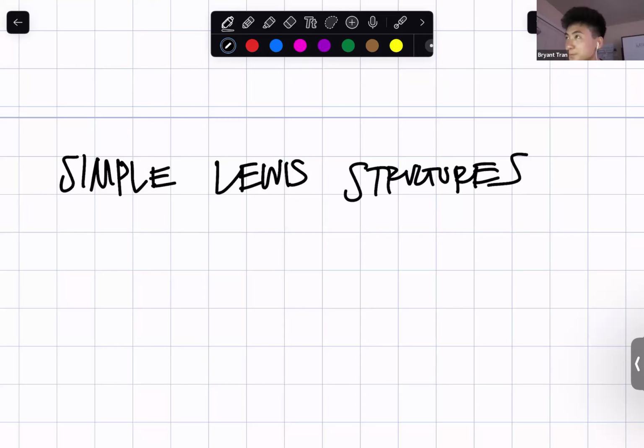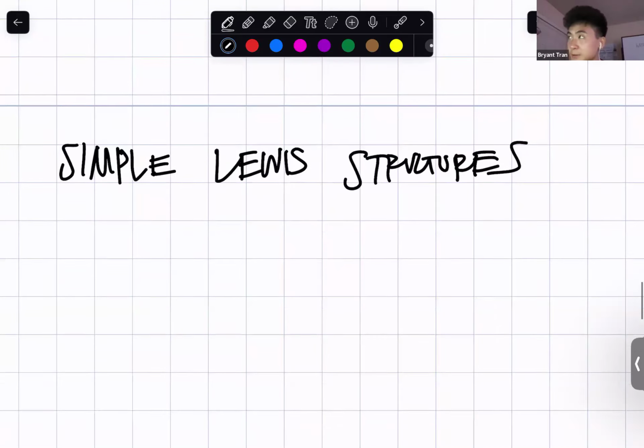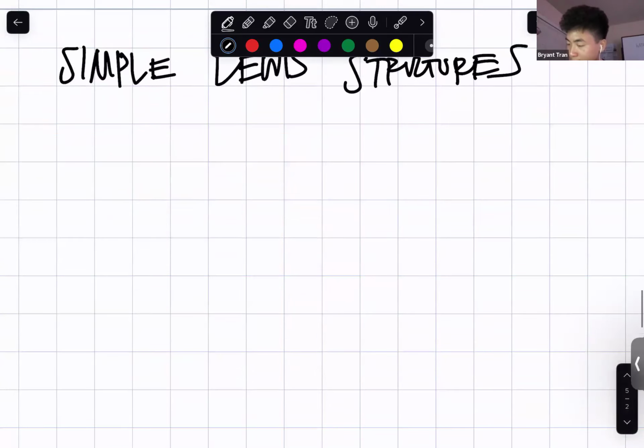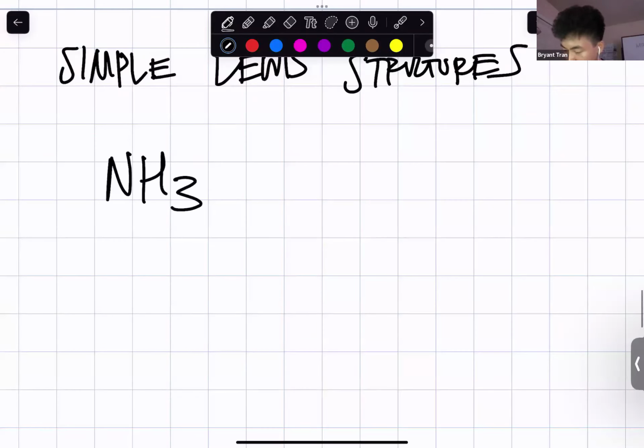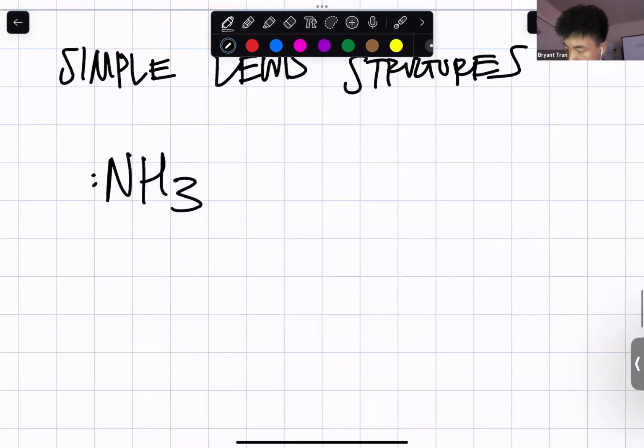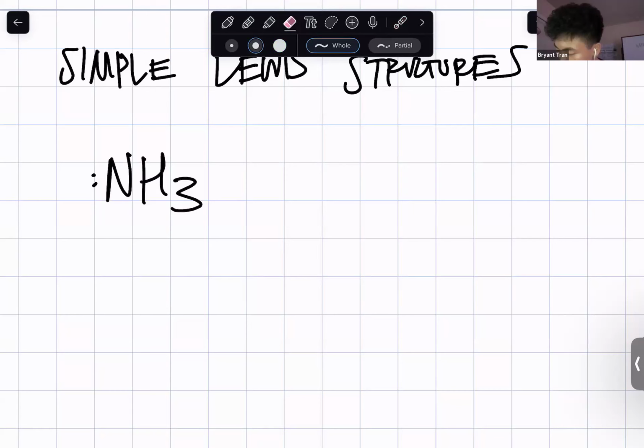If we look at the lecture slide, let's say ammonia, which is NH3. This nitrogen wants to have an octet, 8 electrons. So this nitrogen with 3 hydrogens attached to it has a lone pair of electrons right there.